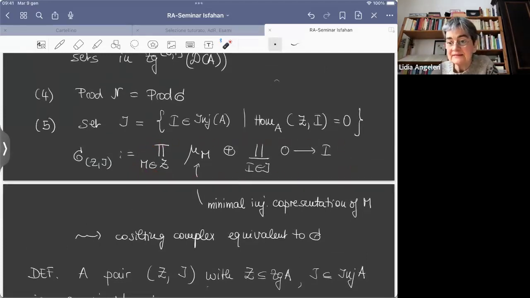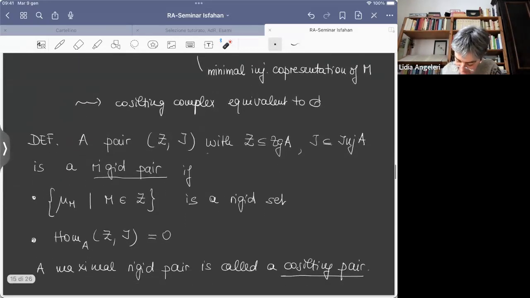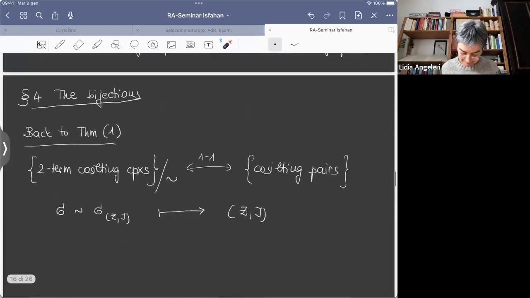And this complex is formed by taking a rigid set of complexes. And so we can use Bongartz completion to show that it will be a direct summand of some cosilting complex. But because I have also asked this maximality, it will be itself a cosilting complex. That's more or less the idea how to go back. And so we have this first bijection between equivalence classes of cosilting complexes and cosilting pairs.